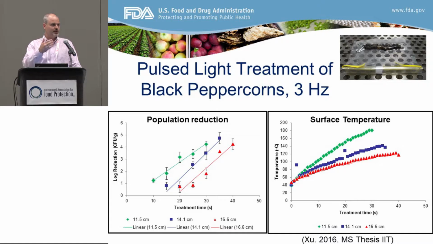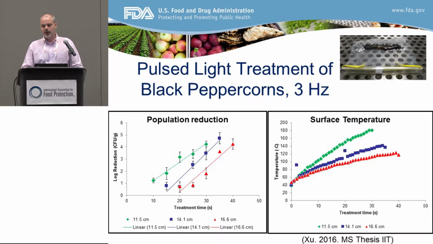However, in doing that, we notice that there is an increase in temperature of the sample. And you can see, though we haven't completely finished the analysis, that when we're very close to that lamp and do a lot of treatment, up to 30 seconds, we get to conditions where we would expect almost total kill to be contributed from the thermal contribution.